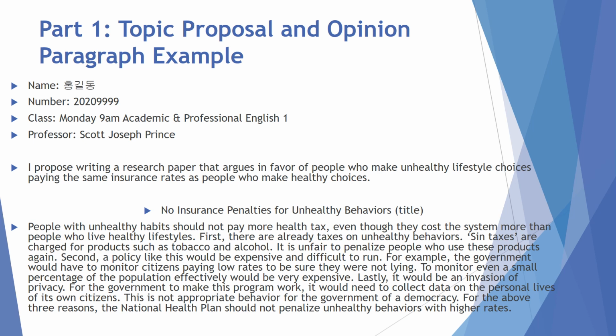For the government to make this program work, it would need to collect data on the personal lives of its own citizens. This is not appropriate behavior for the government of a democracy. For the above three reasons, the National Health Plan should not penalize unhealthy behaviors with higher rates. Okay, very good.